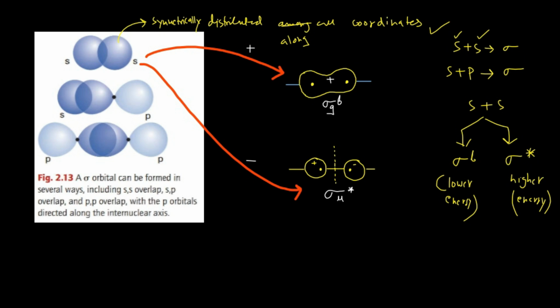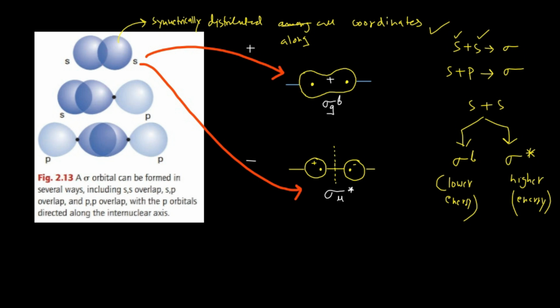That's why I said if you are watching this video for the first time, it is very important for you to learn the linear combination of atomic orbitals concept. But if you have followed my first lecture, then it is very easy to understand all these things. So this is the positive overlap, constructive interference. That means these two are added, positive phase and positive phase.